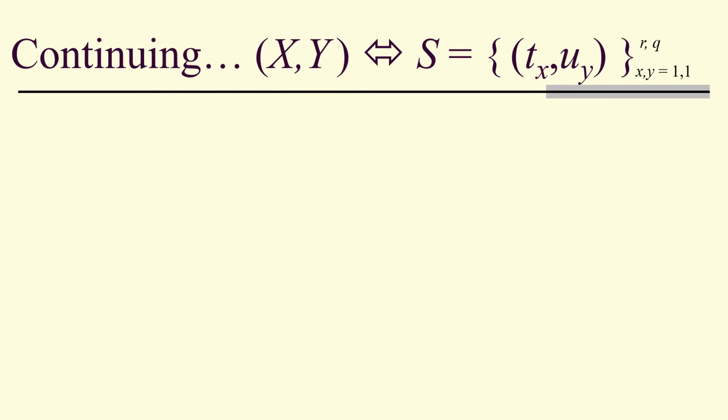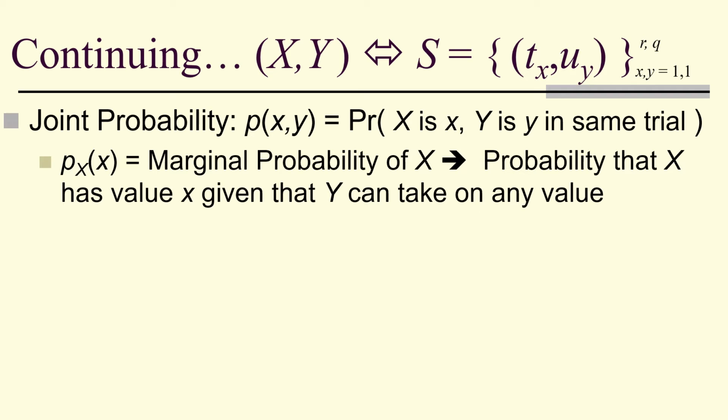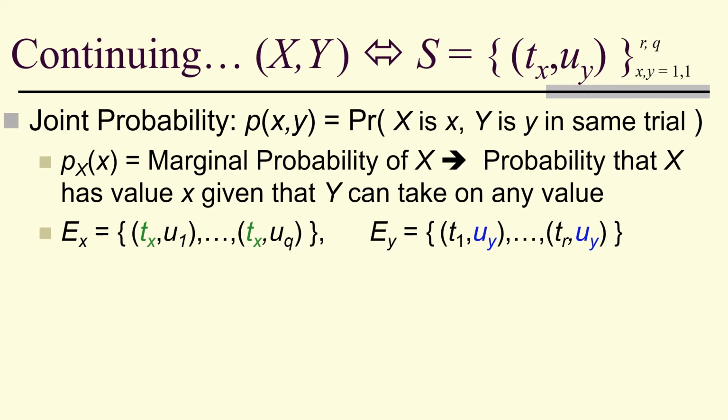So continuing with this same sample space, joint probability as we saw previously, the marginal probability of capital X is the probability that capital X has a value little x, given that Y can take on any value. And we can make this rigorous by defining E sub x, where T sub x is the same, and then you have variation across the second coordinate.